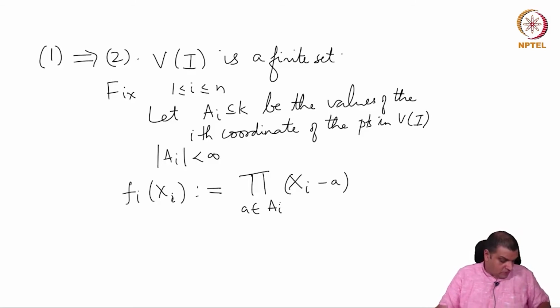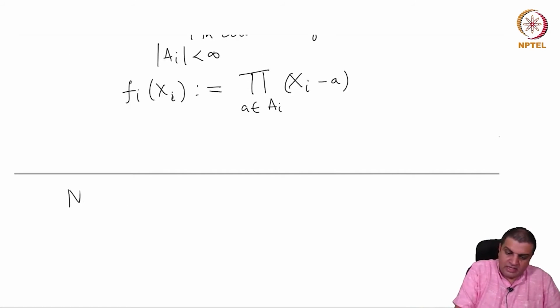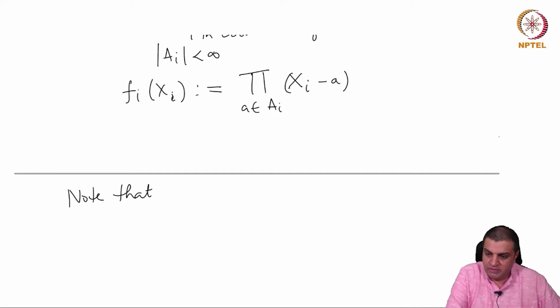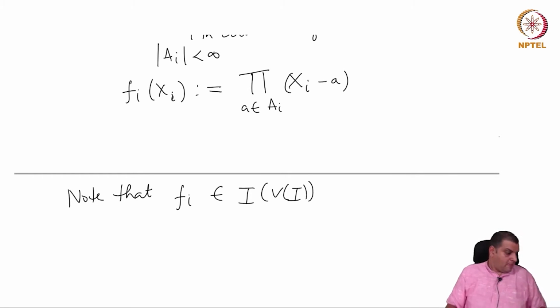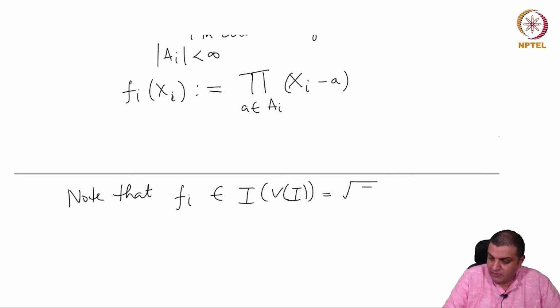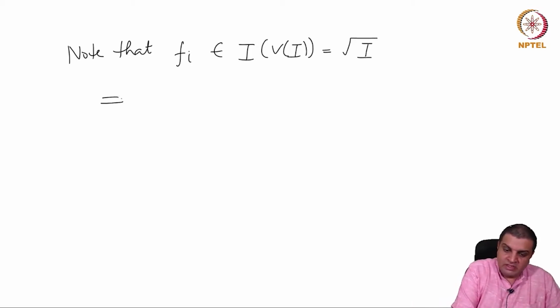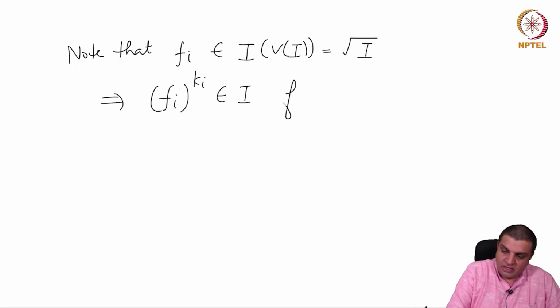Notice that Fi vanishes everywhere on V of I. The ith coordinate of any point in V of I will be from Ai, so Fi would vanish there, so Fi is inside I of V of I. This is the radical of I, as we proved. So what does that mean? It means that Fi to some Ki is inside I for some Ki.